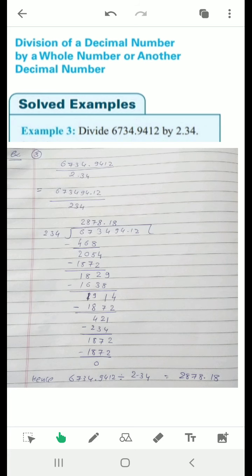In the denominator, the decimal is removed. In the numerator the decimal remains after 2 digits, because 4 minus 2 is 2, and in the numerator decimal places are more. Afterwards we divide as normal division, and when we get the quotient we will put the point after 2 digits. Understood everyone?